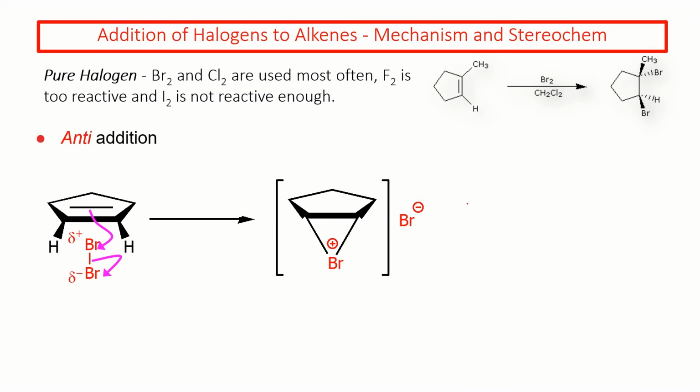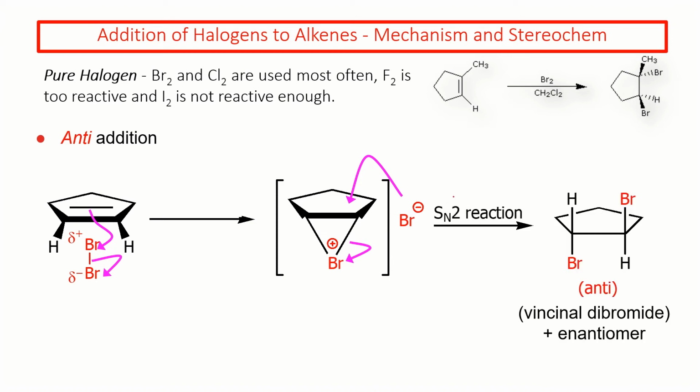The result is this anti-addition, or anti-attack, which results in this trans arrangement, or anti-arrangement. So it's a trans dibromide, not cis.